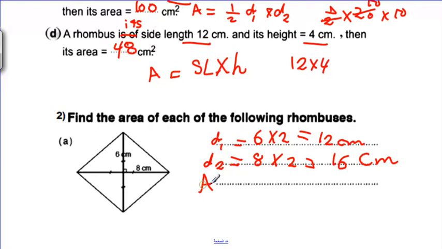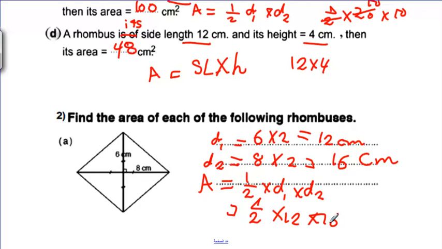Then I will write the rule of area equal half times d1 times d2. It will be equal half times 12 times 16. You can use your calculator and get the result.